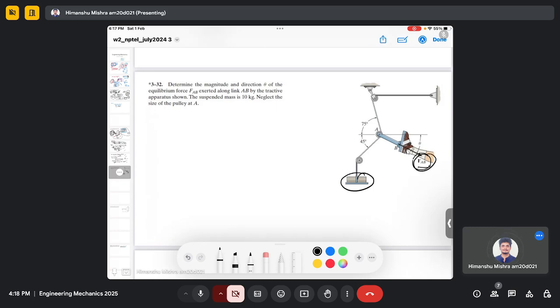So again, it's a similar problem where, when you make the free body diagram, you need to identify this as the force, this is the force, and this is the unknown force that you need here. And theta also you need to calculate here. So you make the free body diagram and use the equilibrium equations that we have been doing for a couple of problems to find the unknown theta and FBD.